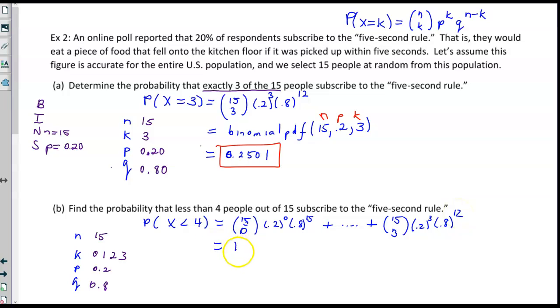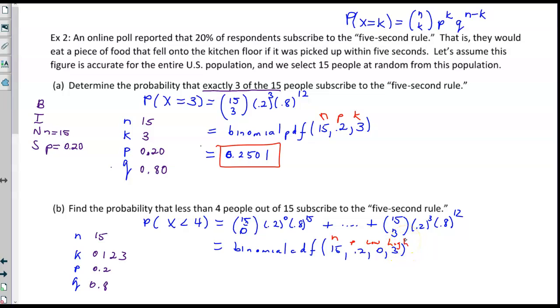We're going to end up using the binomial CDF command. CDF stands for cumulative distribution function, and it's amazing. So n is 15, p is 0.2, the low is 0, and the high is 3 in this case, not 4, because you're only going up to 4. So that's n, p, low, and high.